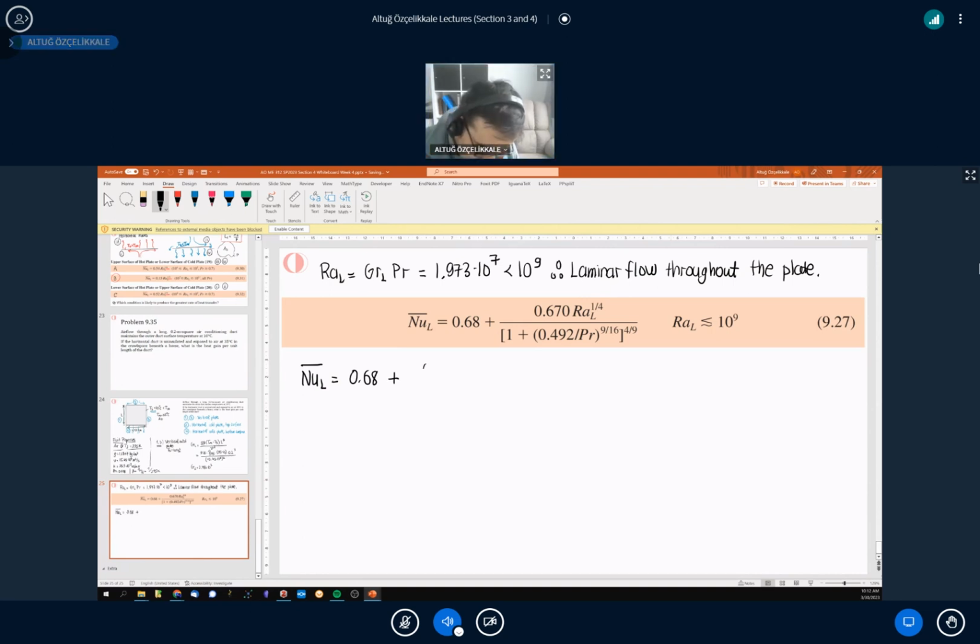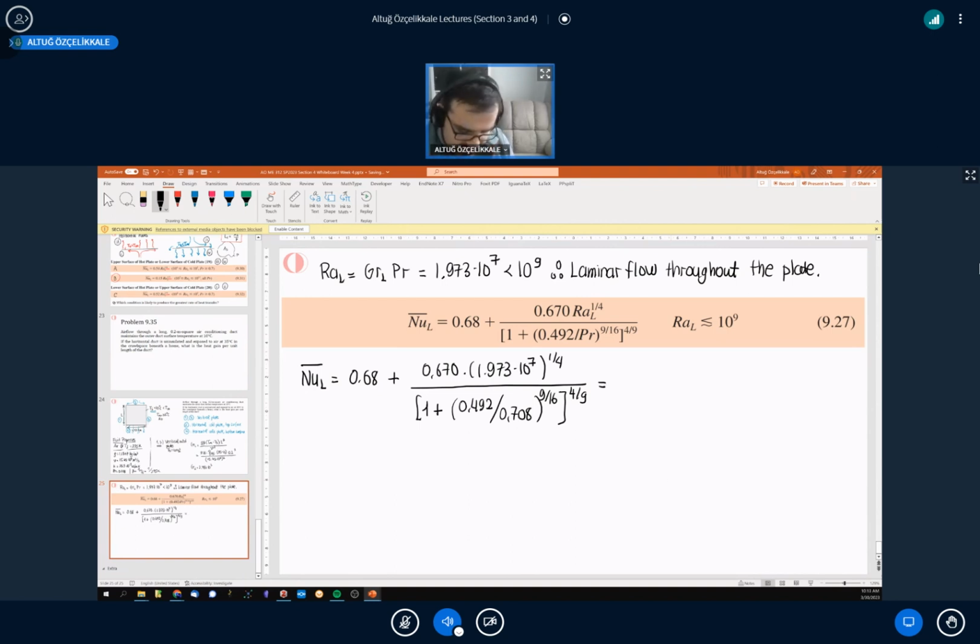Plus 0.67 times 1.973 times 10 to the power 7 raised to the power 1/4, divided by 1 plus 0.492 divided by 0.708 raised to the power 9/16, and that's raised to the power 4/9. Quite a complicated expression, so you may want to calculate this part by part. And to do that, you are going to obtain 3494.